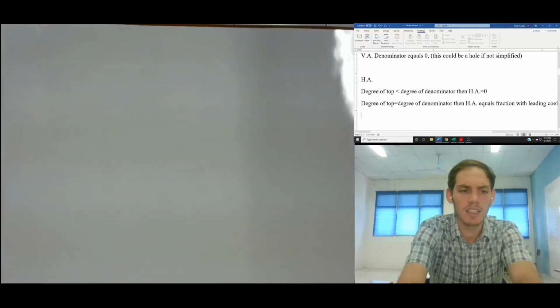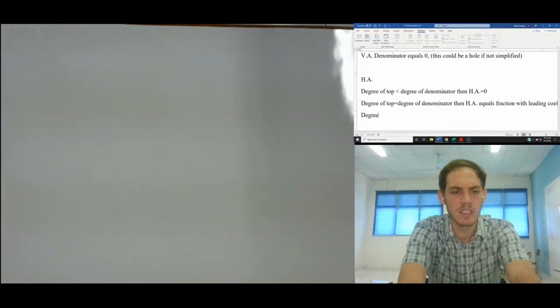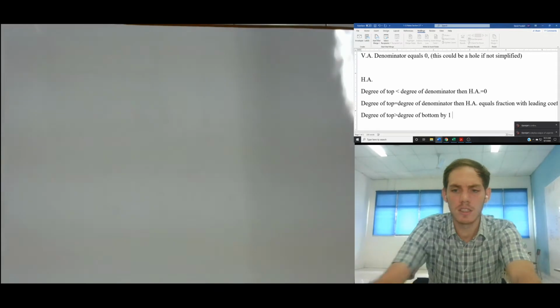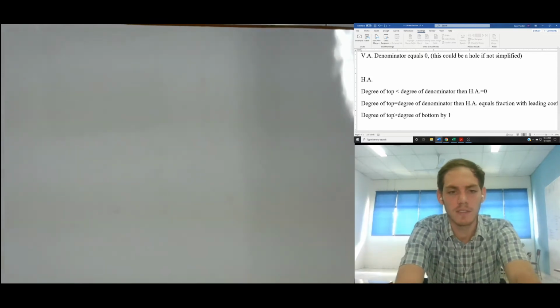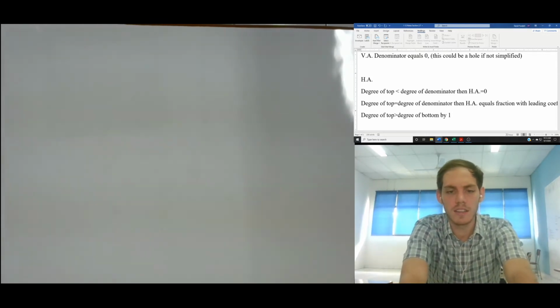And finally, if the degree of top is greater than the degree of bottom by 1, then it's going to be a slant asymptote.